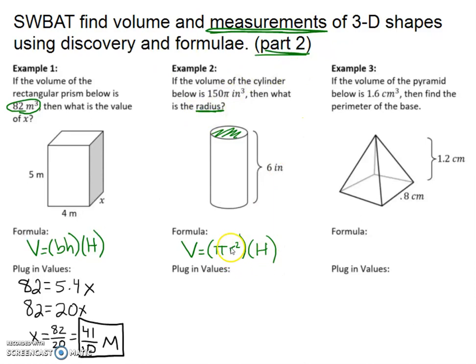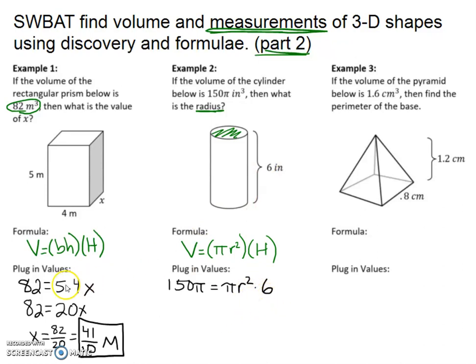Now it is up to you if you want to leave that as r, or if you want to turn it into an x like this one did. I don't really care. I'm going to leave it as r, but do whatever you like. So they told us that the volume was 150 pi, so I'll put that where the V is, equal to pi r squared, and I don't know what r is, but I do know that h is 6.